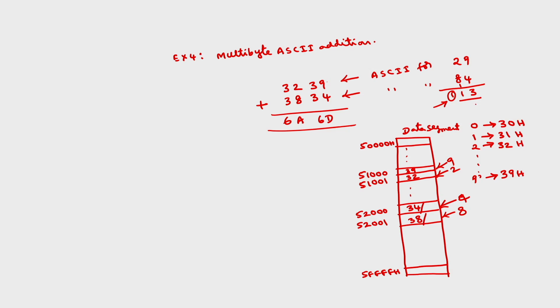So what is the ASCII corresponding to this result? This is the decimal result, and this is the hexadecimal result.